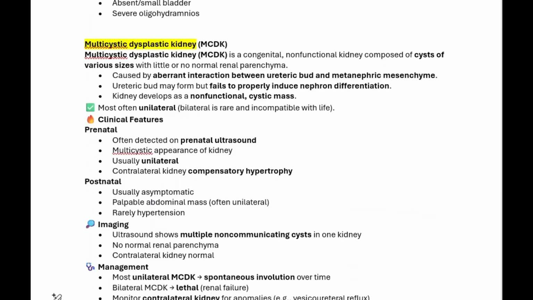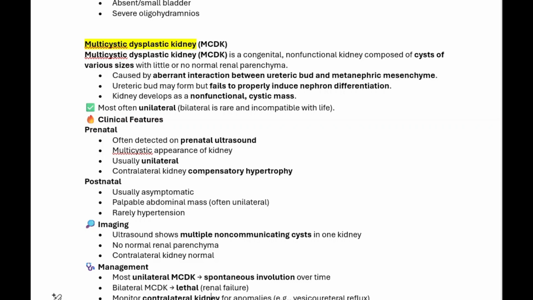So this is a congenital non-functional kidney composed of cysts of various sizes with little or no normal renal parenchyma. And what's the cause of this condition? This is caused by aberrant interaction between the ureteric bud and metanephric mesenchyme.